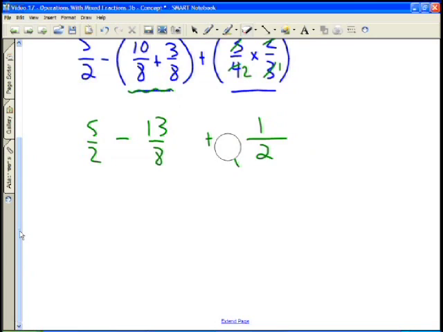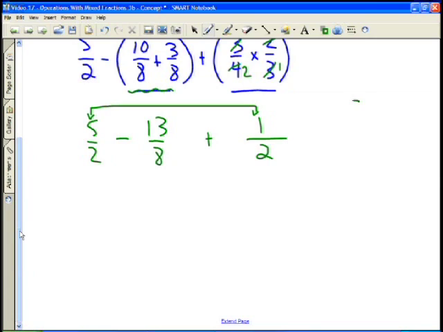And I don't really need the brackets around there. And it doesn't really matter the order that you do these in at all. I'm going to do these two first, and the reason why is when we add or subtract, it doesn't matter the order that we do them, and 5/2 and 1/2 have the same denominator.